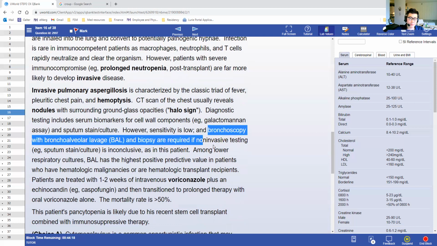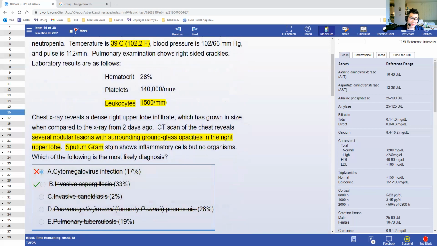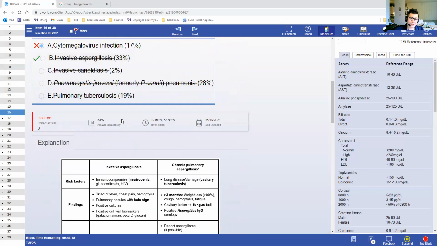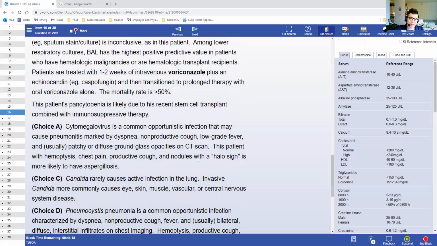BAL with biopsy are required if non-invasive testing... Sputum. Oh, it was from the sputum. Oh, God damn it! I completely misread this. If I'd read this, I might have changed my answer. I guess CMV doesn't produce that halo sign.